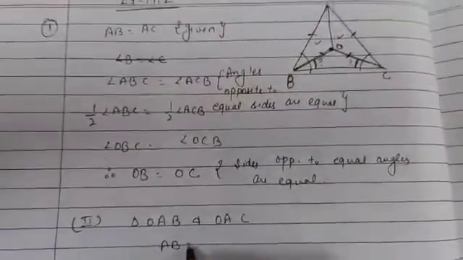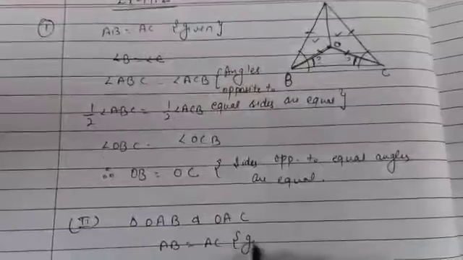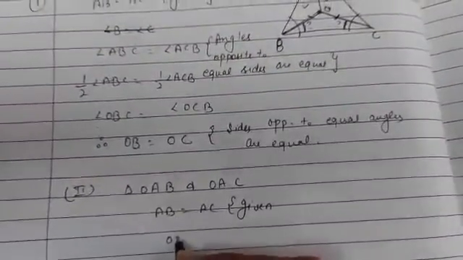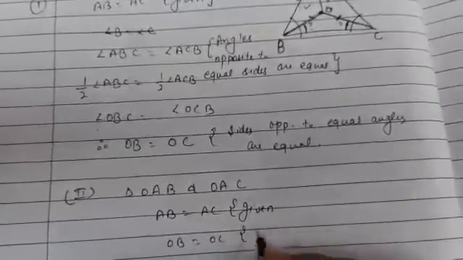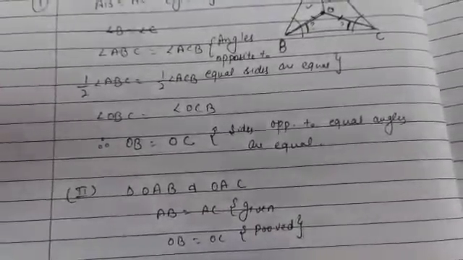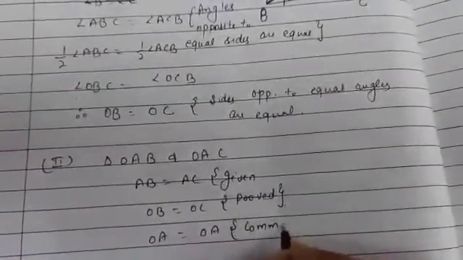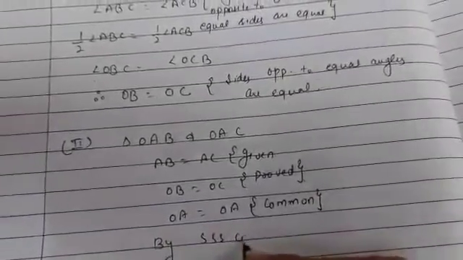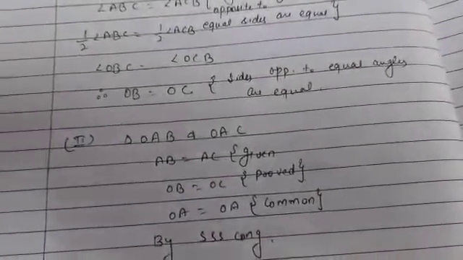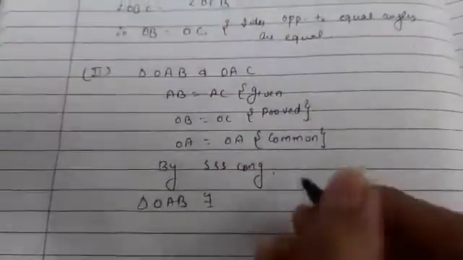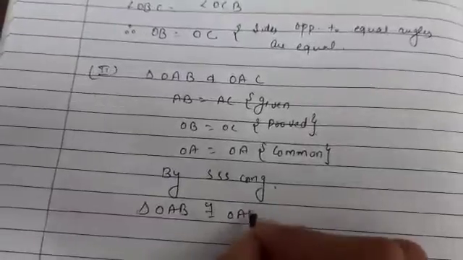AB is equal to AC, that is given. OB equal to OC we have proved, and OA equals OA, that is common. So three sides are equal, by SSS congruency, triangle OAB is congruent to triangle OAC.